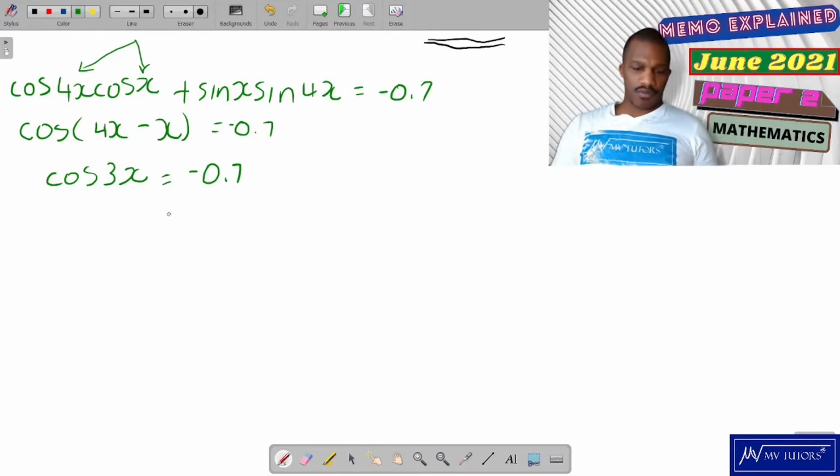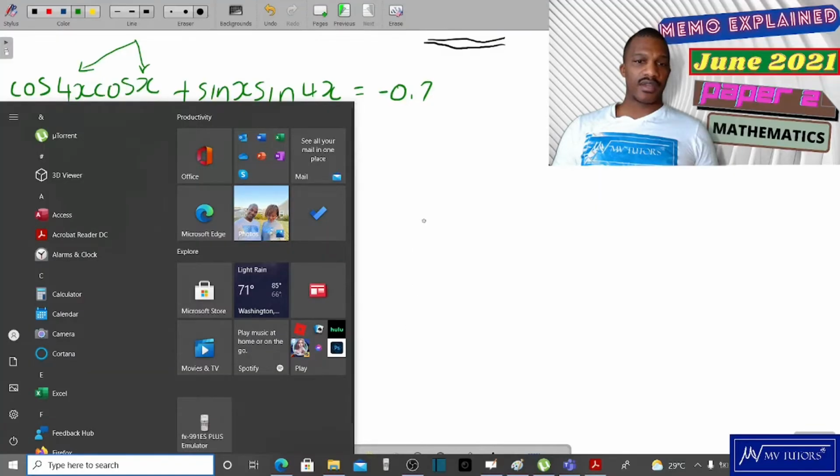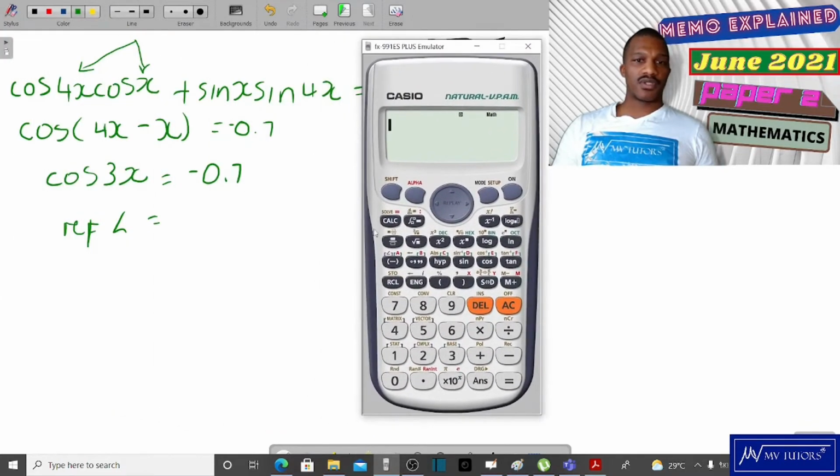So from here we can get our reference angle. For that we need a calculator. Let's get a calculator real quick over here. There we go. So we're going to say shift cos, and then we'll put 0.7. I don't do the one where I put the negative sign.